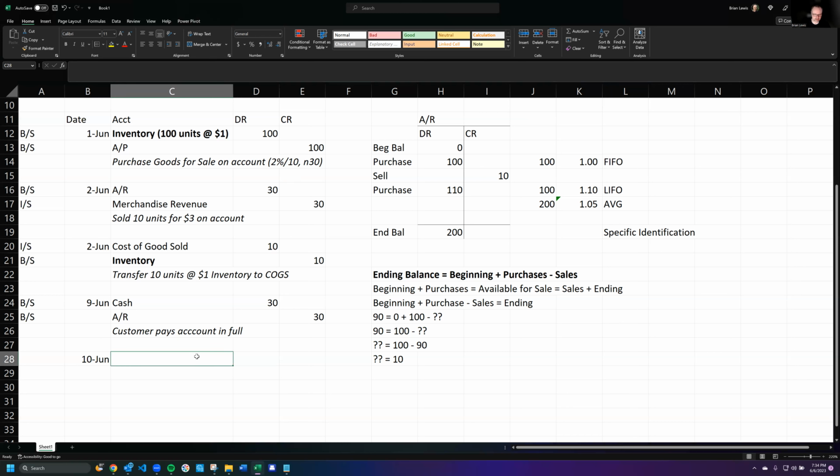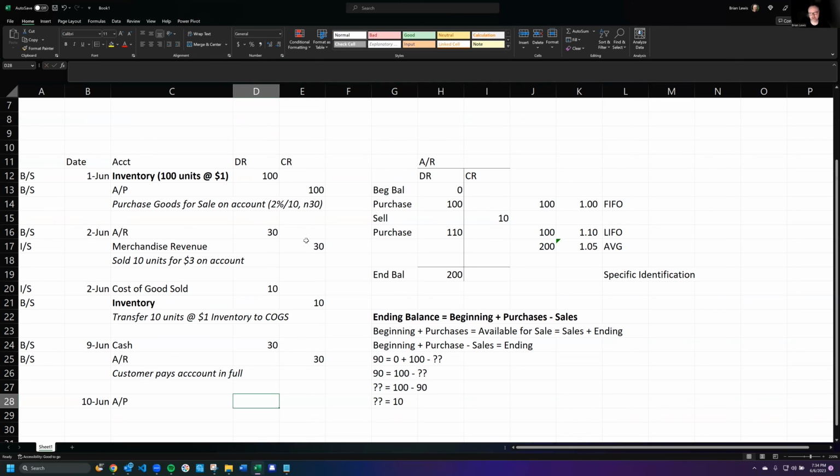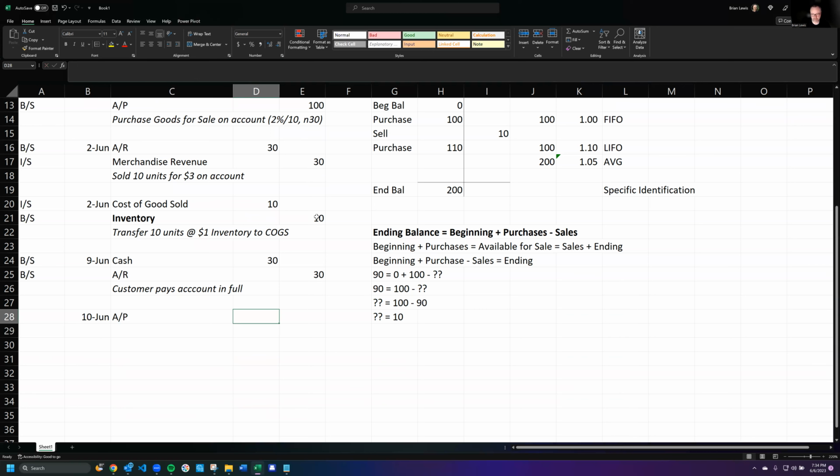So first of all, I need to clear out my accounts payable for the full amount. So I owe $100. No problem, $100. I'm going to take a discount on the purchase, and that's going to be that 2%.